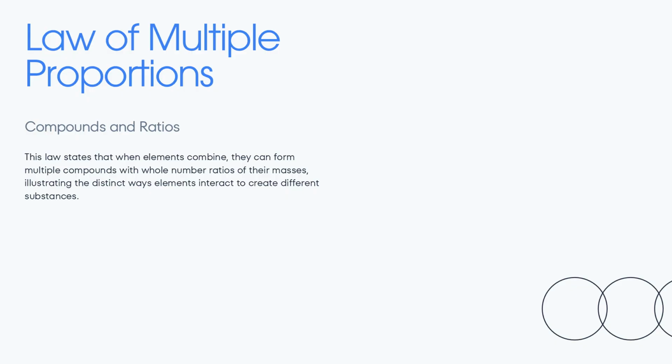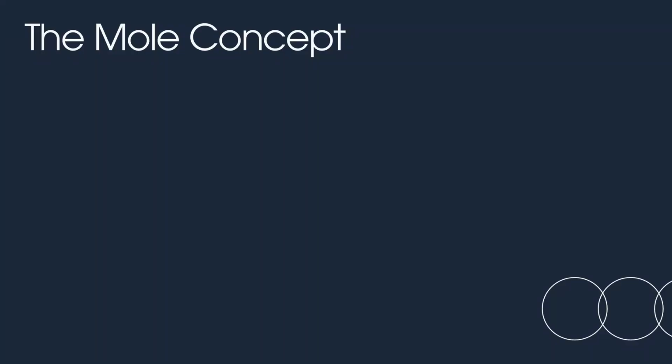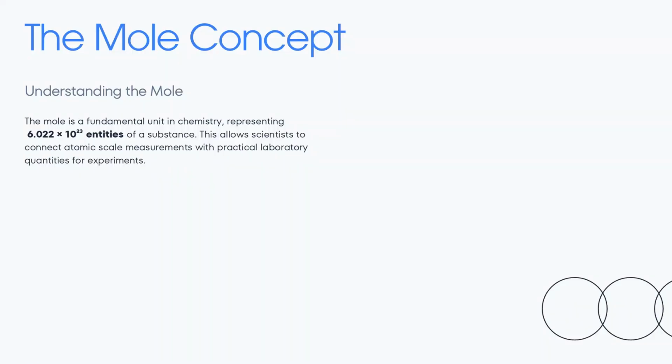The mole concept is the most important part of this chemistry chapter. Atoms are extremely small, so we cannot count them one by one. It is very difficult, not possible also. A mole is a counting unit, just like a dozen bananas means 12 bananas.